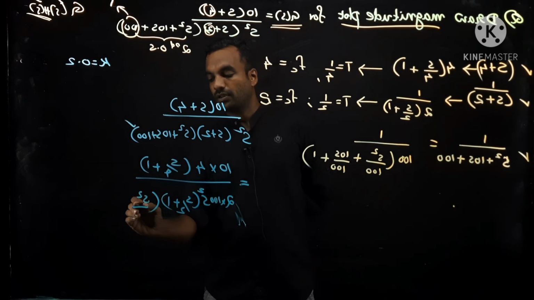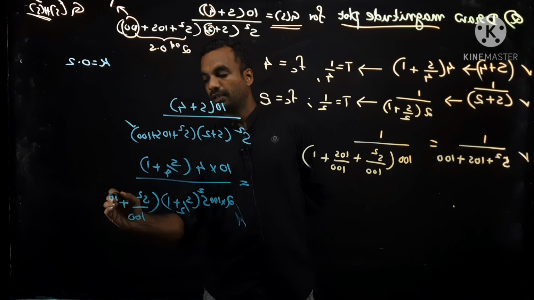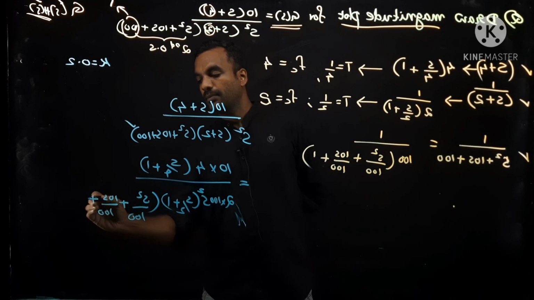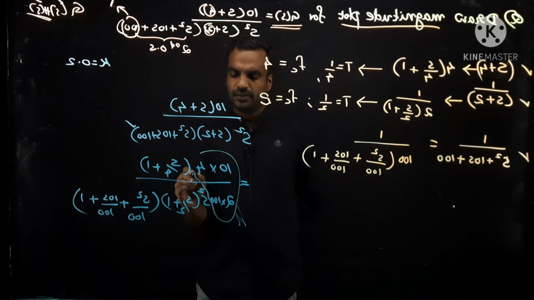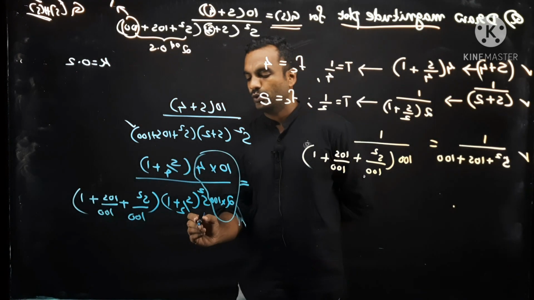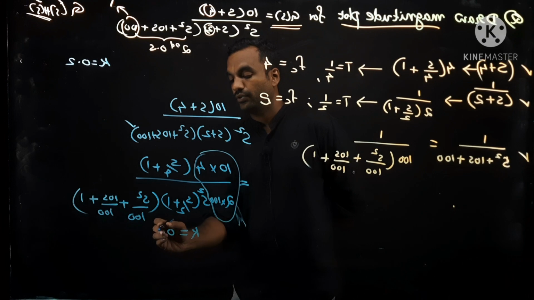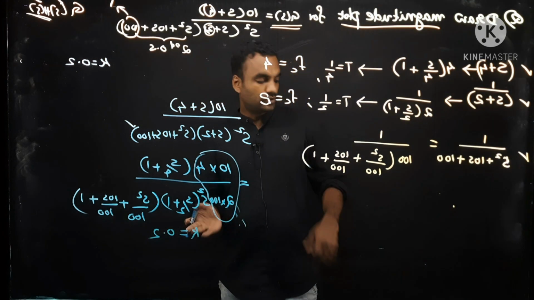So s square by 100 plus 10s by 100 plus 1. This is very easy, and if you solve these, you will get k equal to 0.2.